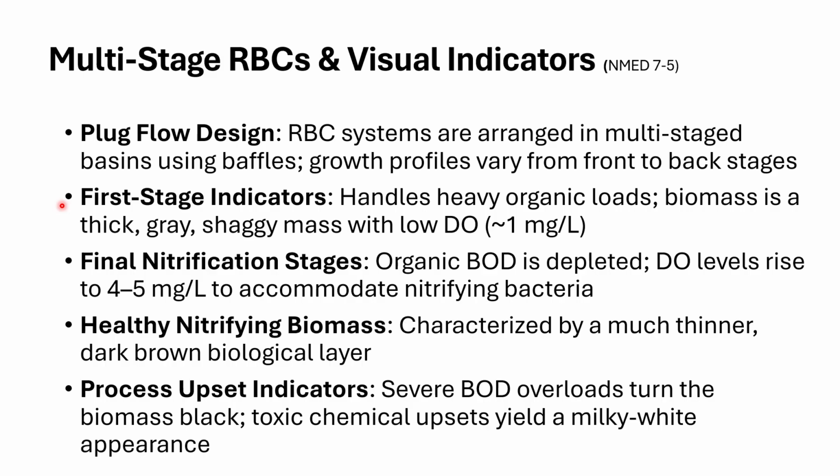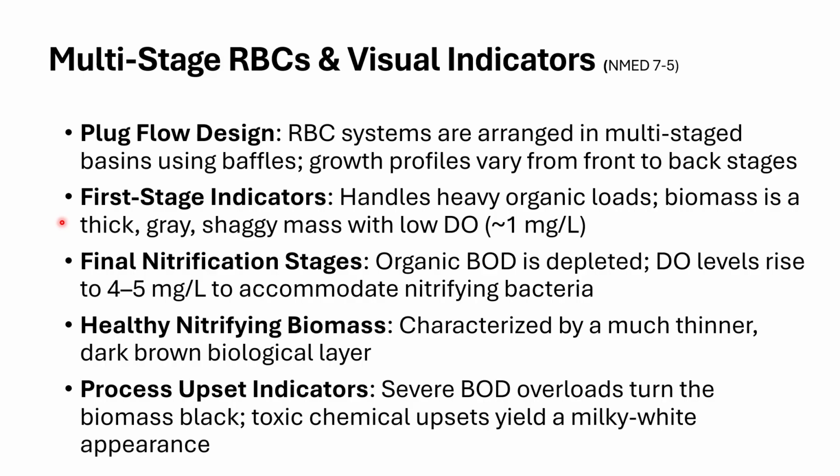So if they're in series, and let's say we have 4 of them, RBC 1 at the beginning, 2 and 3 in the middle, and then RBC 4 at the end, the first stage is going to have a heavy organic load, and that biomass is going to look like a thick gray shaggy carpet almost, with low dissolved oxygen, about a milligram per liter. So that's how you know you've got a first stage: just a gray shaggy mass and low dissolved oxygen.